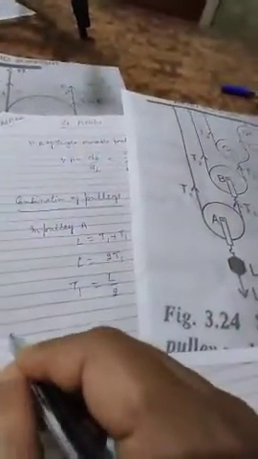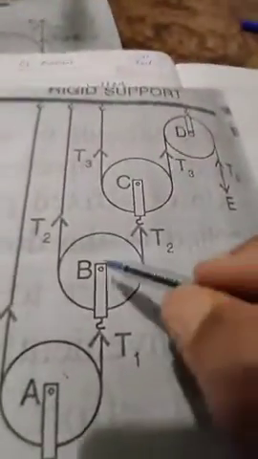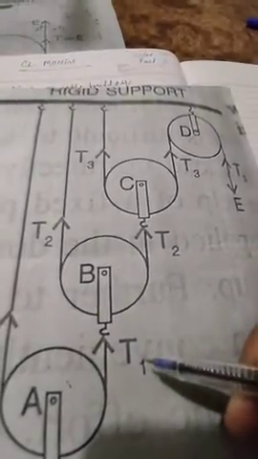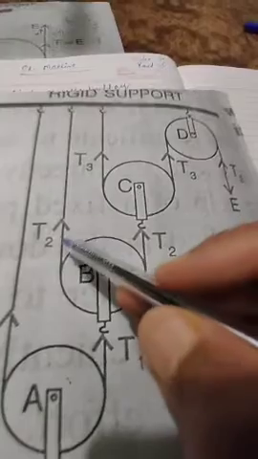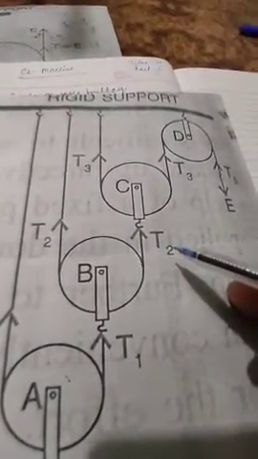Now move to pulley B. For pulley B, T1 is the load and T1 is balanced by 2 segments of the string, that is T2 and T2.